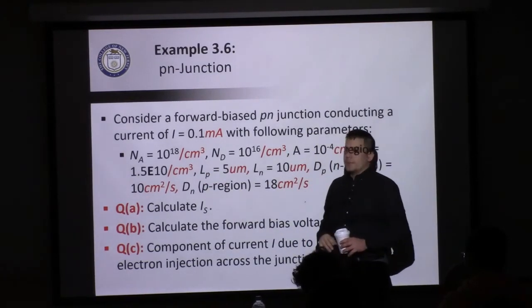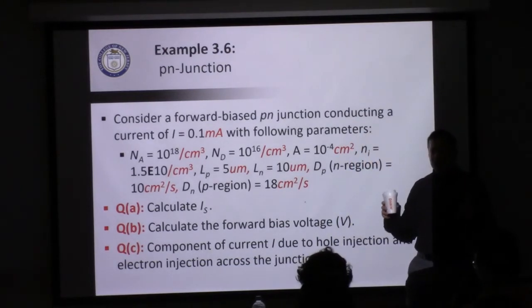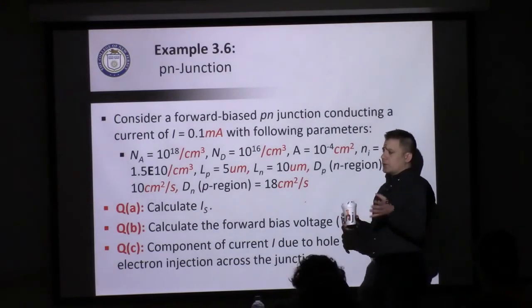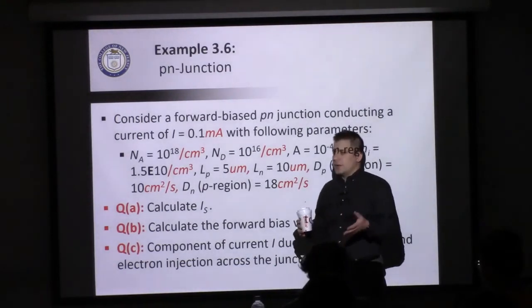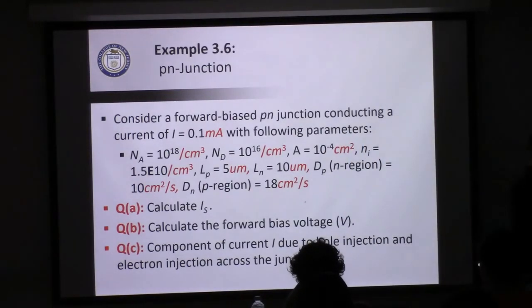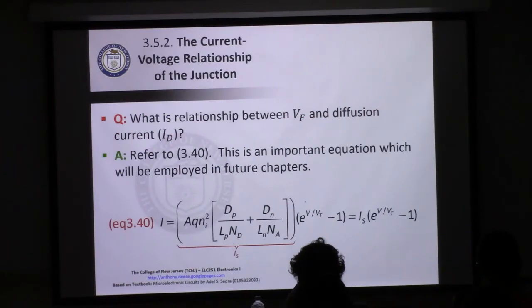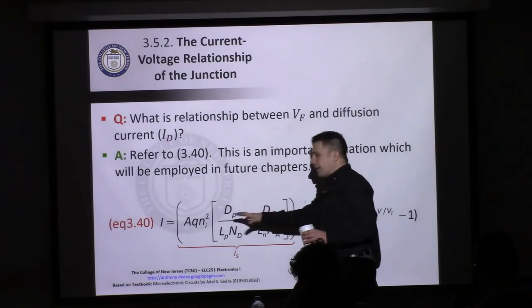So first part, calculate what IS is. The most important constant when we're looking at the VI relationship of a diode is IS, right? VT is normally known. It's a temperature-dependent value. So to calculate IS, we use this expression. If we go back to 3.40, we'll see that there's an equation based on all these values.